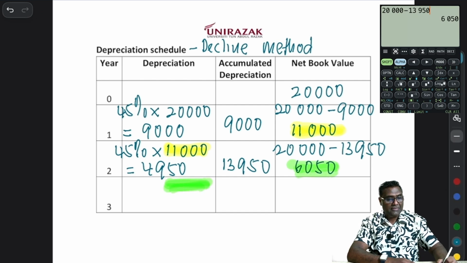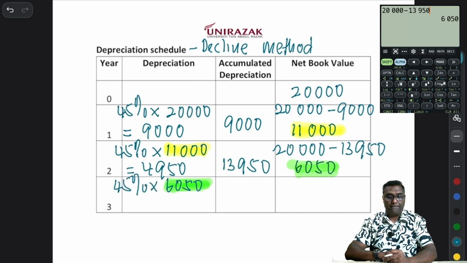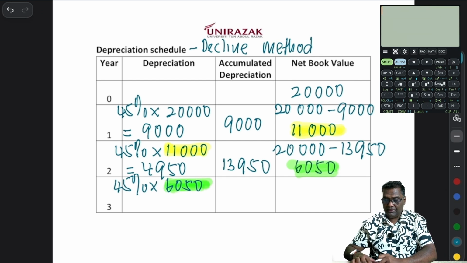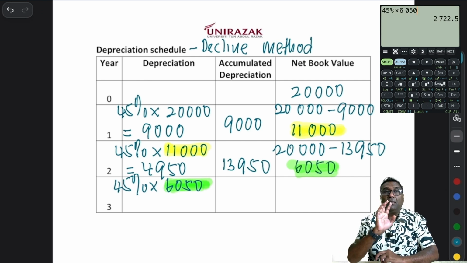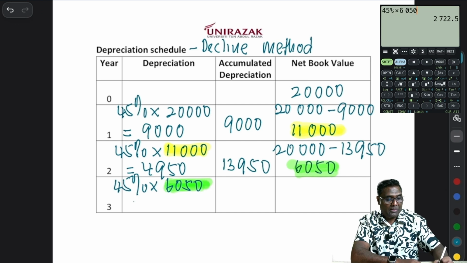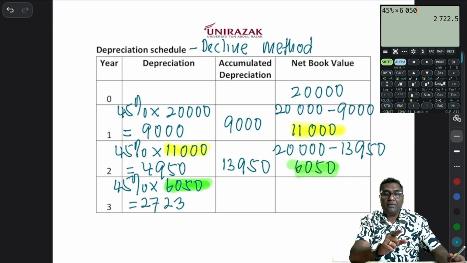So when I do this, this is going to be 45% of 6,050. So take my calculator, 45% of 6,050, 2722.5, right? You saw that, no decimal. So when I round it off, this is 2723. So why 3? Because next to the 2 is 0.5, right? We add.